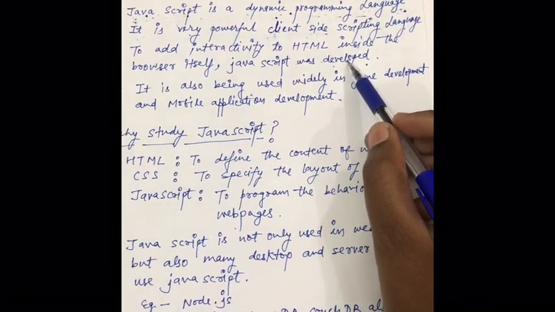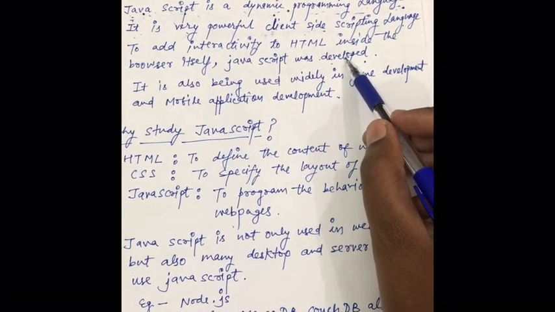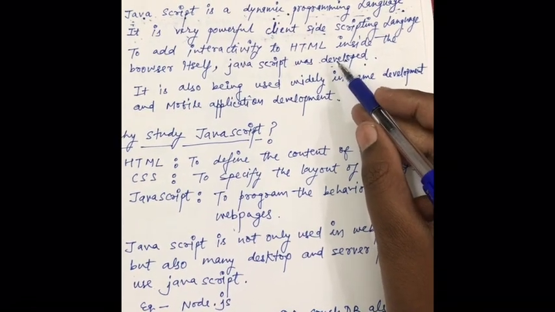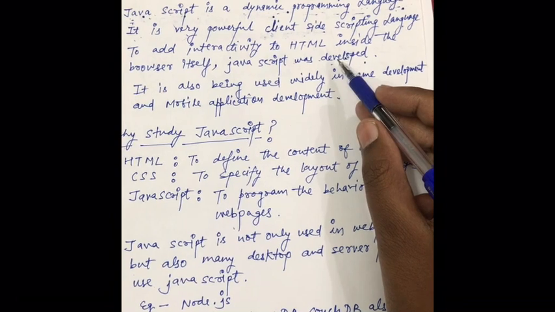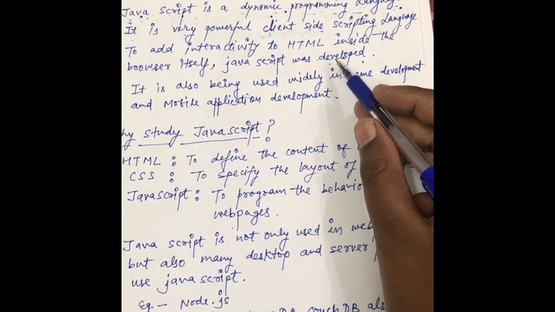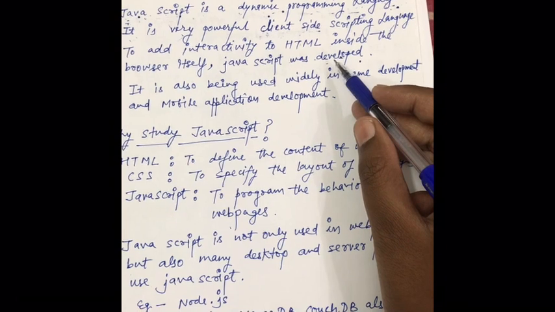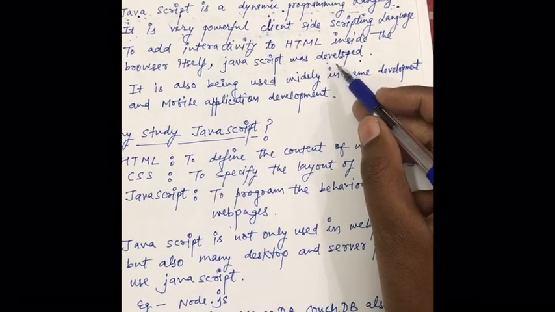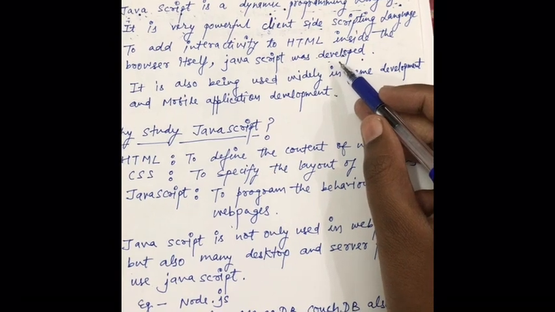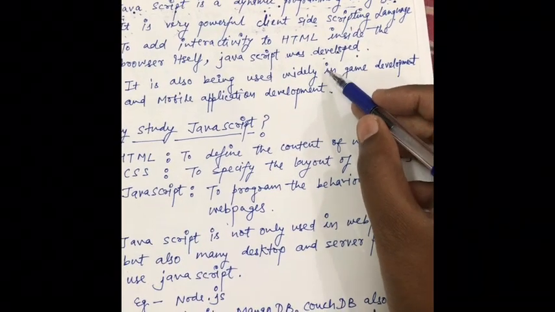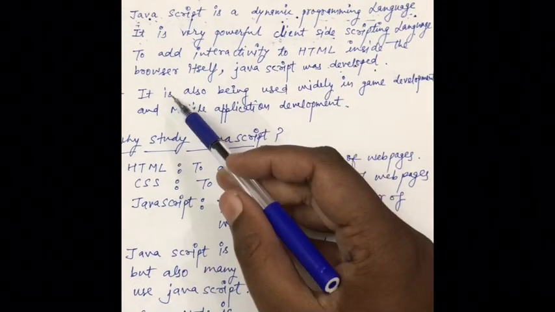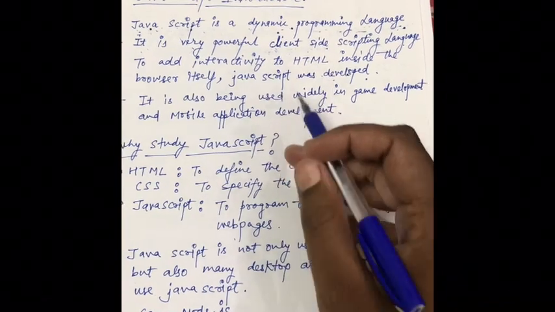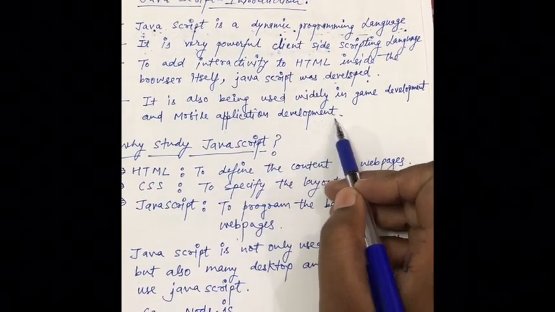With the help of JavaScript you can make your web page more lively and more interactive. That means whatever page you design using HTML, if you include JavaScript also, the benefit will be that your web page becomes more lively and more interactive in nature.